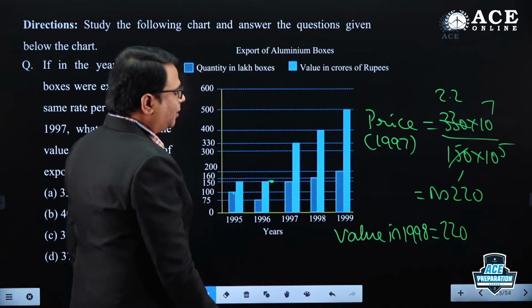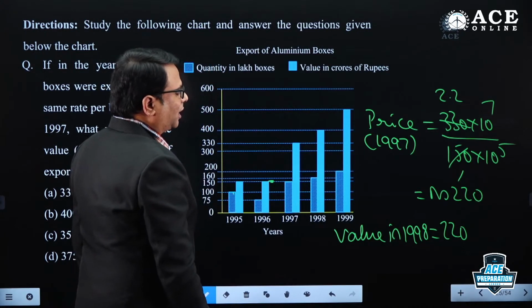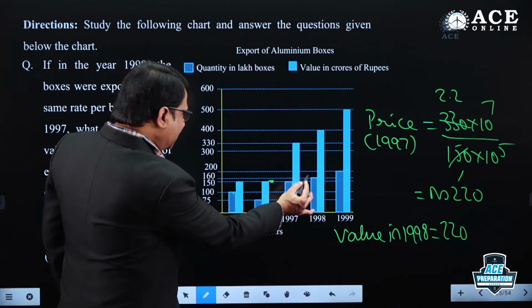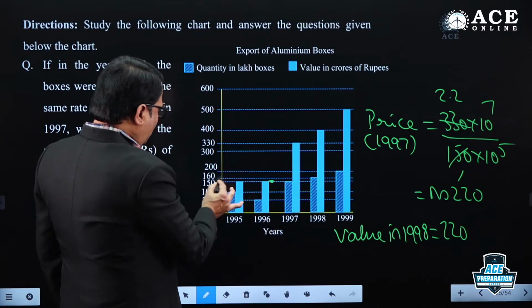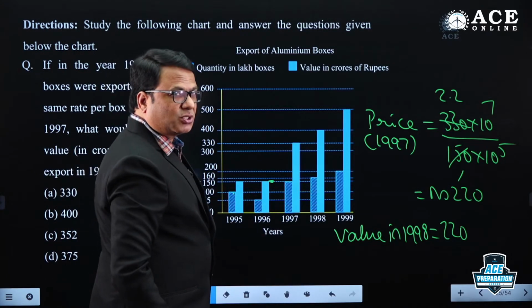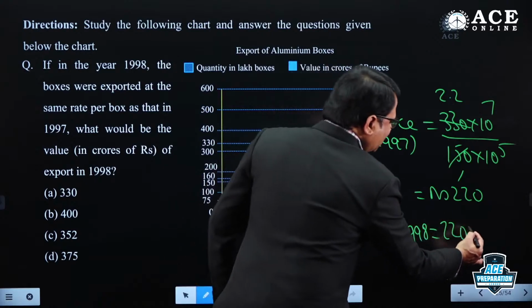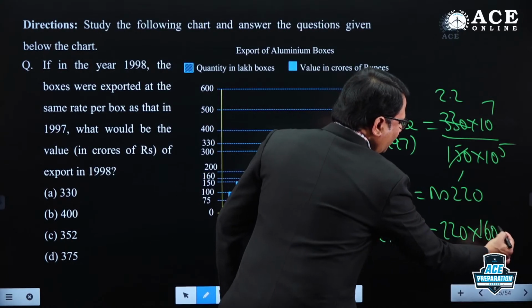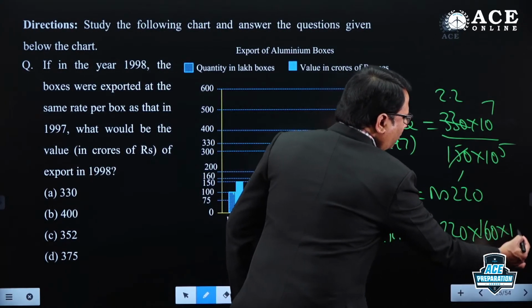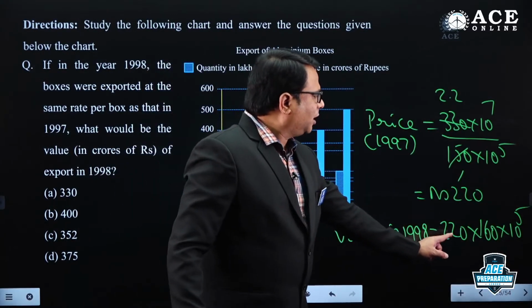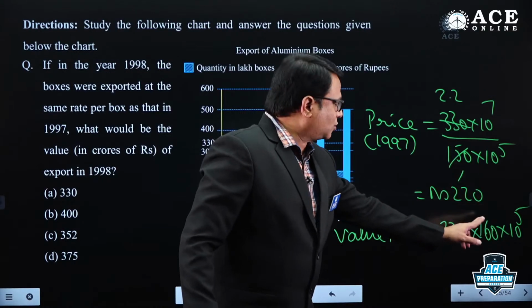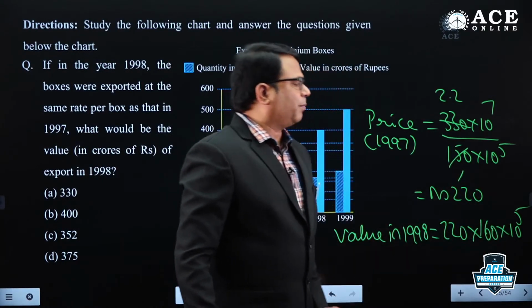And totally how many boxes were exported in 1998? It is given as 160, which means 160 lakhs, so 160 into 10 power 5. So 220 rupees into 160 lakh boxes.